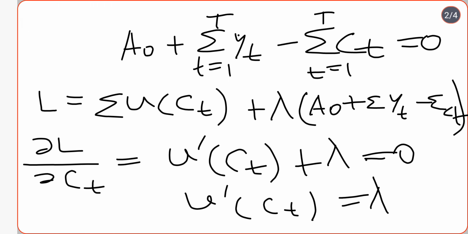If we go to the function, then what will happen? Suppose the partial derivative of the function L with respect to lambda, then we will obtain this part: a0 plus summation yt minus summation ct.